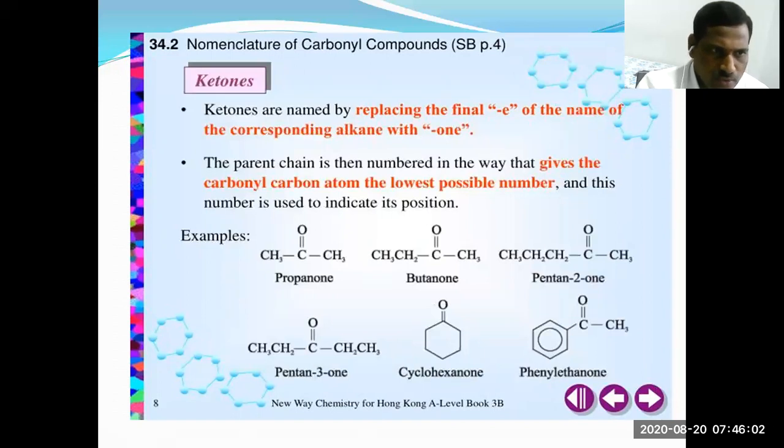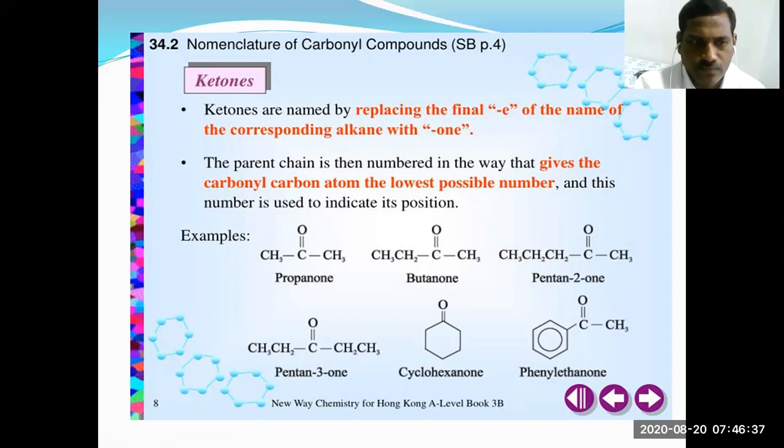So ketones are named by replacing the final E of the name of the corresponding alkane with one. The parent chain is then numbered in the way that gives the carbonyl carbon atom the lowest possible number, and this number is used to indicate its position.